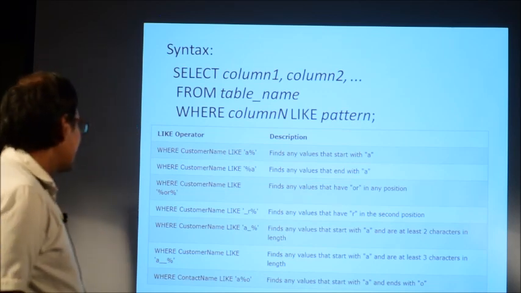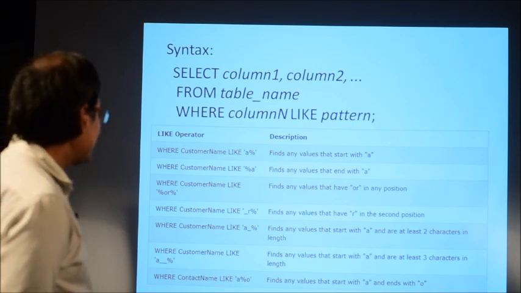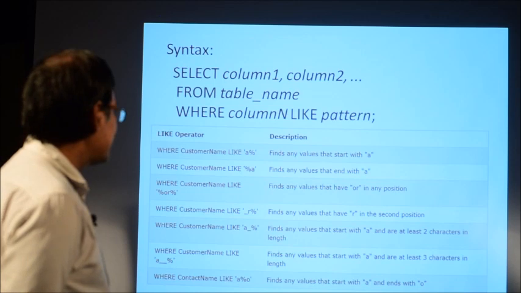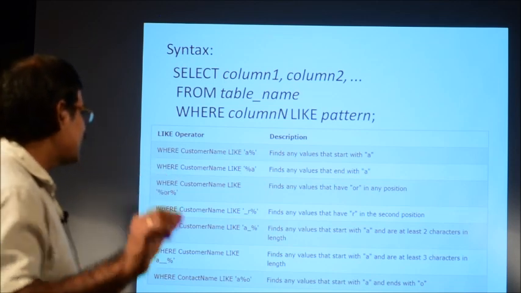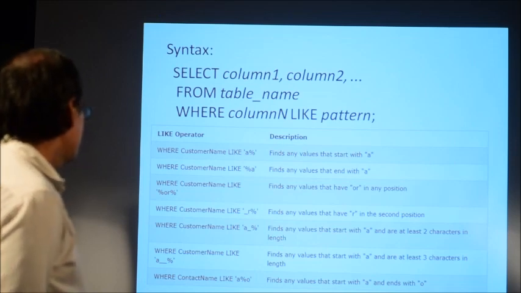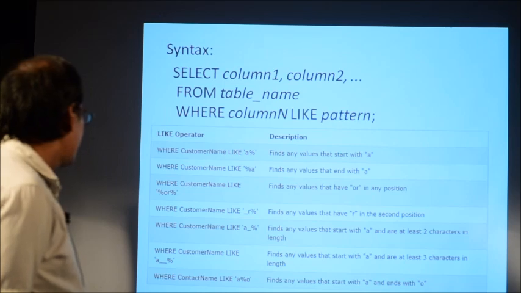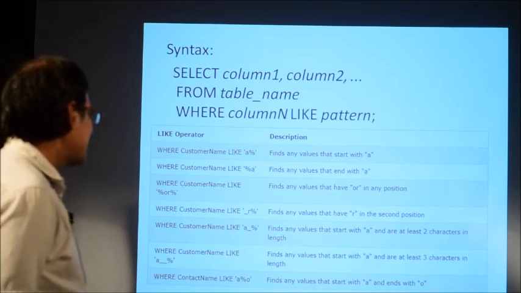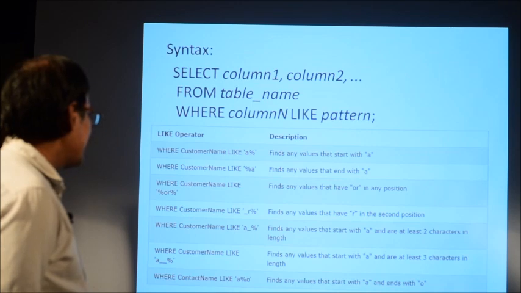WHERE customer name LIKE 'a_%' means any values that start with a and are at least 2 characters in length. The length will be at least 2, but it will start with a. WHERE customer name LIKE 'a__%' means find any values that start with a and are at least 3 characters in length. Similarly, WHERE condition LIKE 'a%o' finds any values that start with a and end with o.